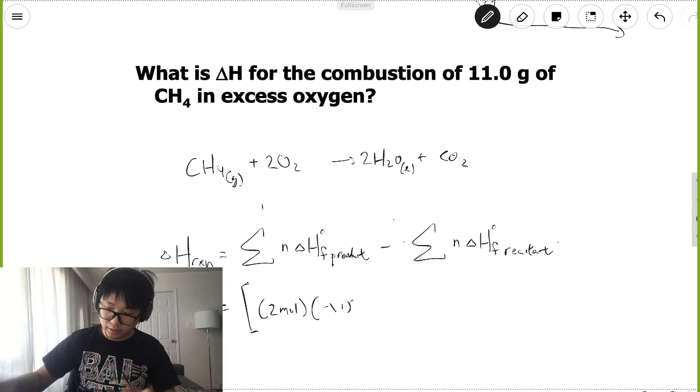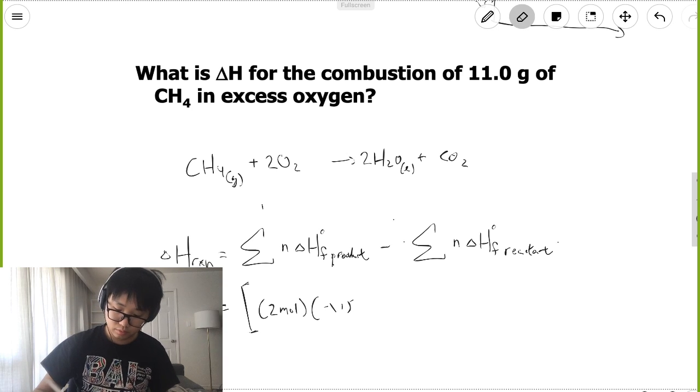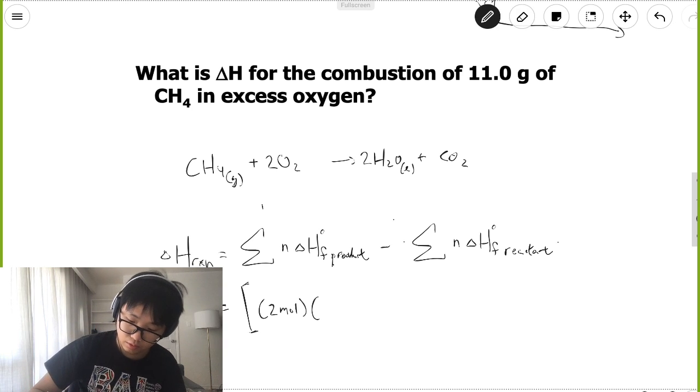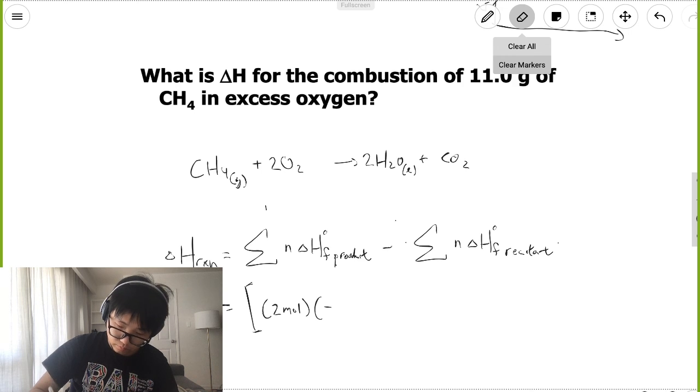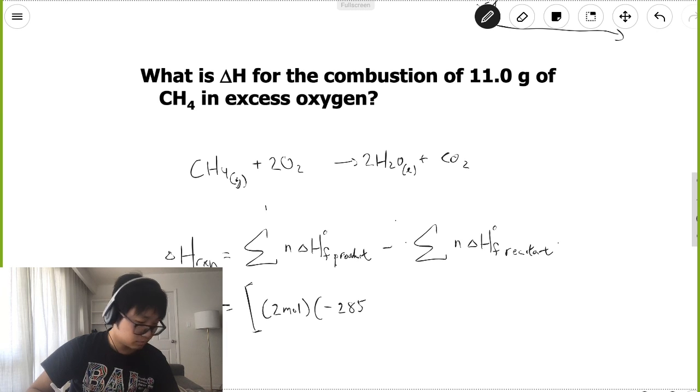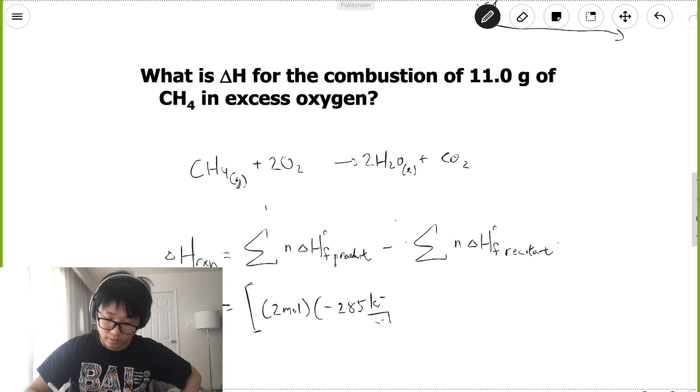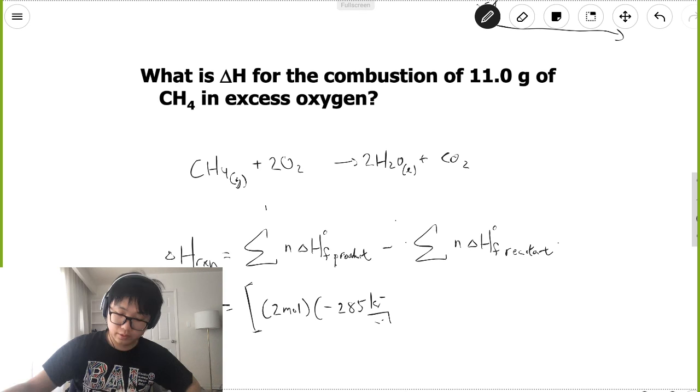Okay, so hopefully that's going to improve things a bit. So it was negative 285.8. Did you find one for carbon dioxide? Okay, negative 393.5. Okay, I'm just going to have to do this.